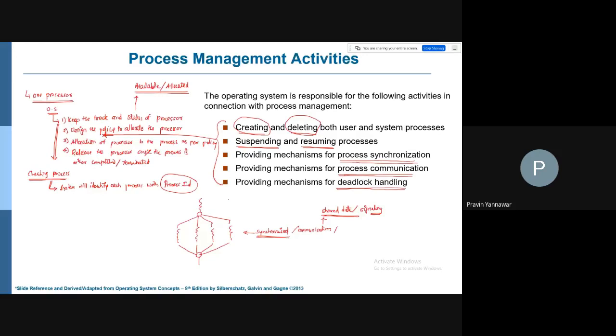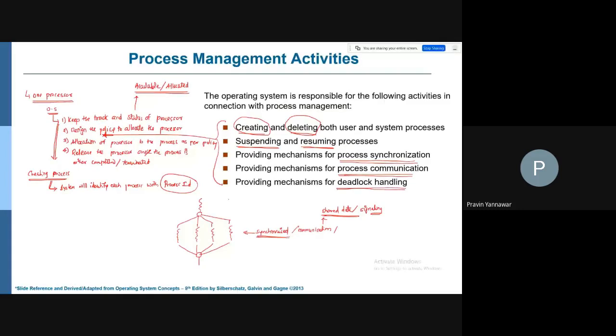So that kind of management we need to do. As far as the management is concerned, you have to take care of 4 important points. The first important point is how you are looking at the resource and how you are looking at the process which is utilizing the resource. If you are looking at the processor as a resource, then the OS has to think about whether the processor is available or not, meaning the OS has to keep track of the status of the resource, which is nothing but the processor.